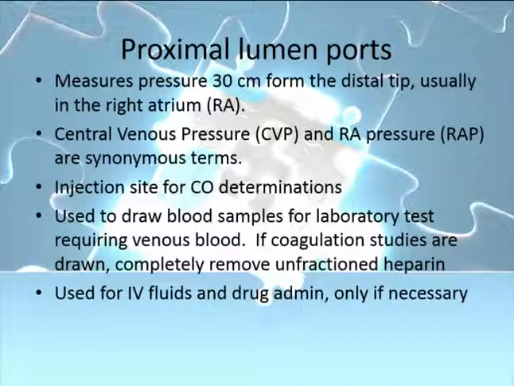This is the injection site for your cardiac output determinations, and it can be used to draw blood samples for laboratory tests requiring venous blood. If coagulation studies are needed, make sure there's no heparin in your syringe. It's used for IV fluids and drug administration only if necessary, because there's actually another port that you can put those things in.